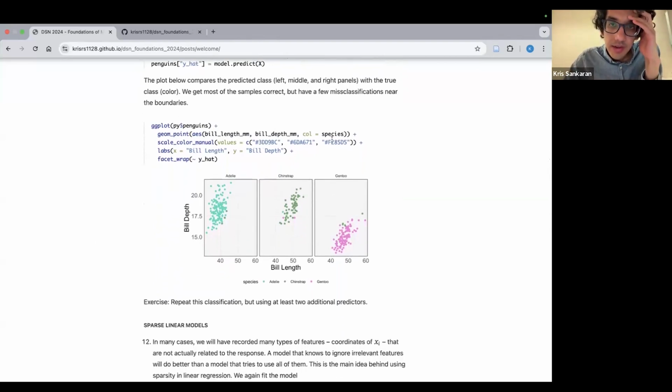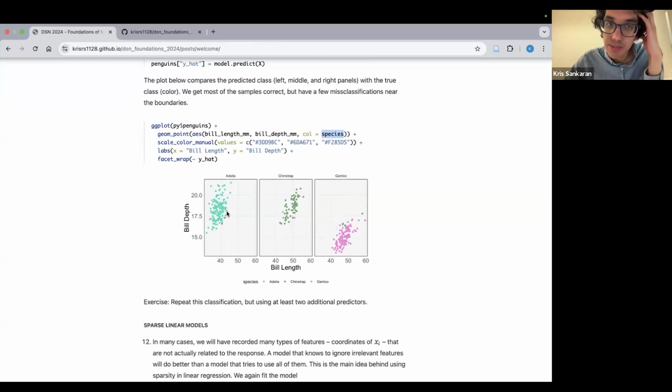And then the color here is the true species, and the panel is what the model thinks it is. In general, the colors are pretty well separated across the panels, but you can see a couple of errors. Like there are these penguins here.